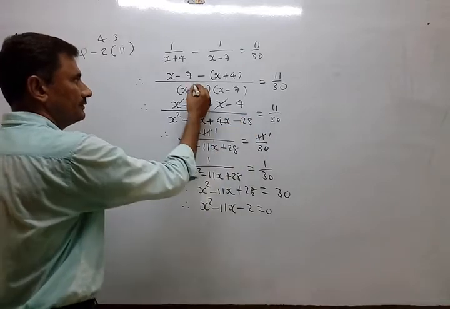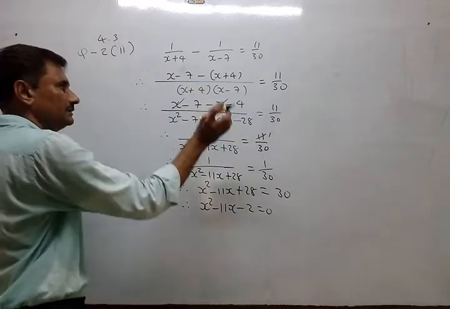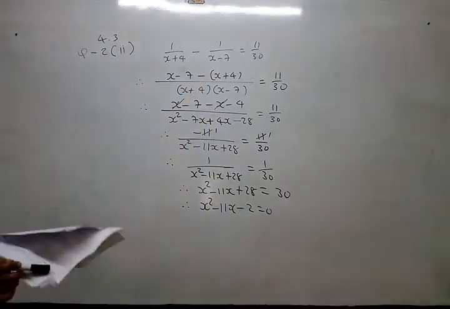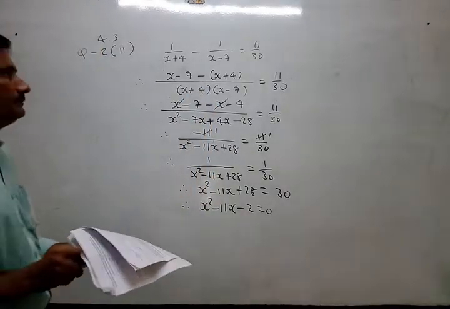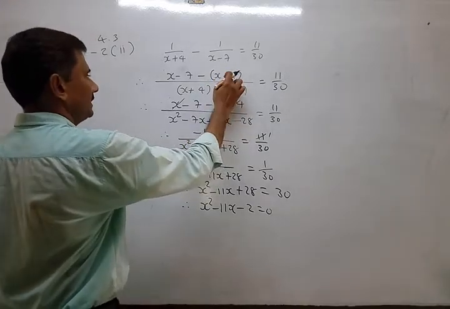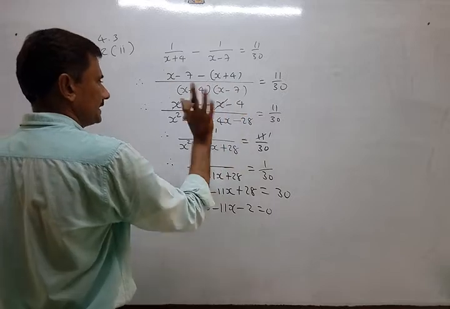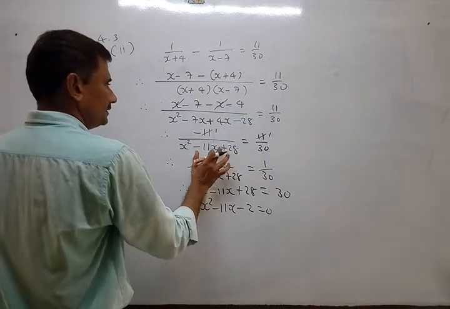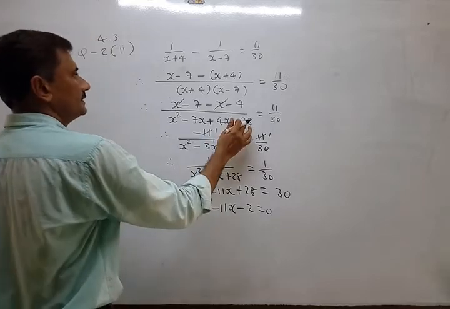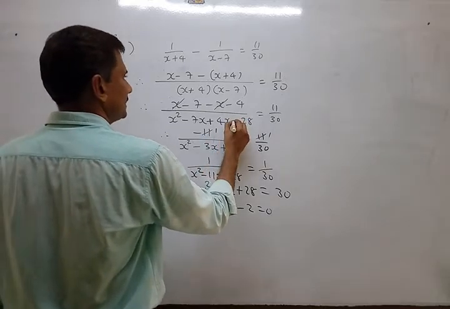Just correct everywhere because I have made one mistake here. So in the numerator also there will be a problem. x plus 4. Here I wrote x plus 4 only, so that is right. Now it is here minus 3x and minus 28.